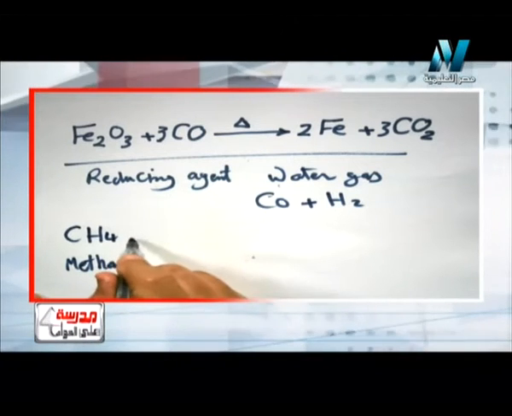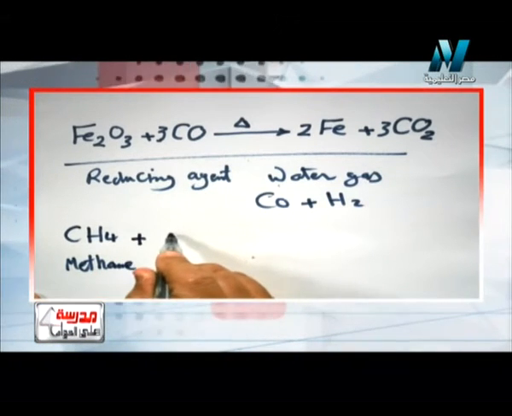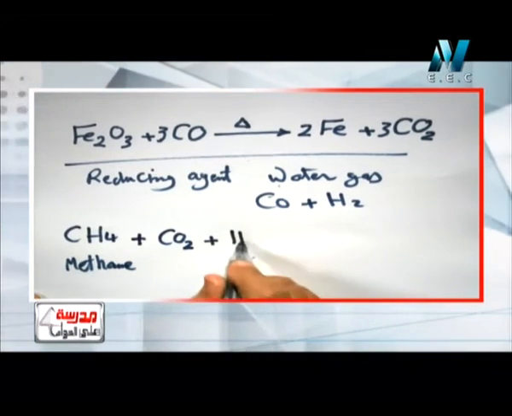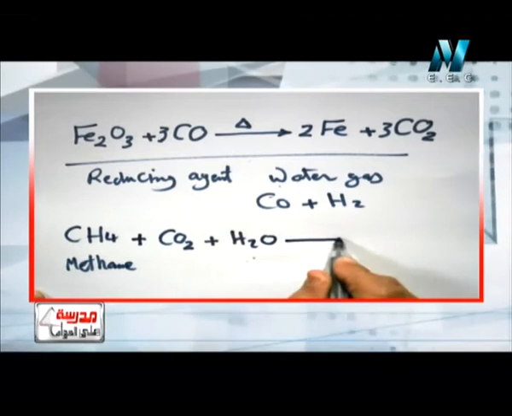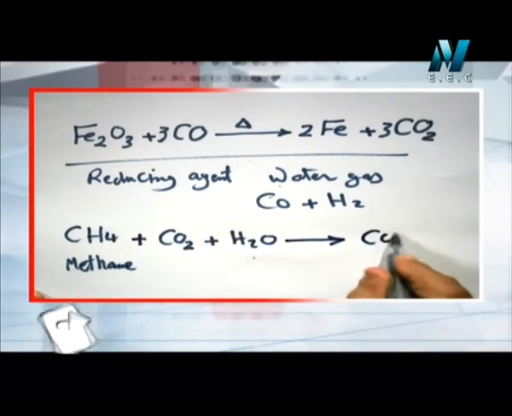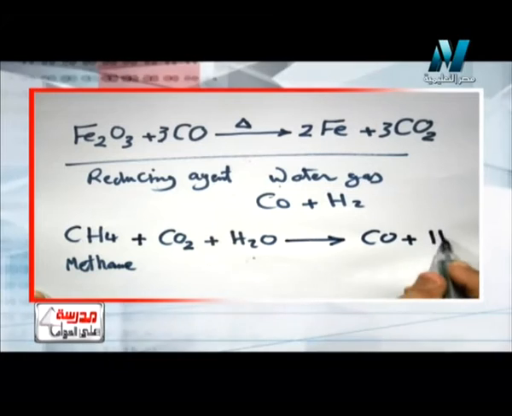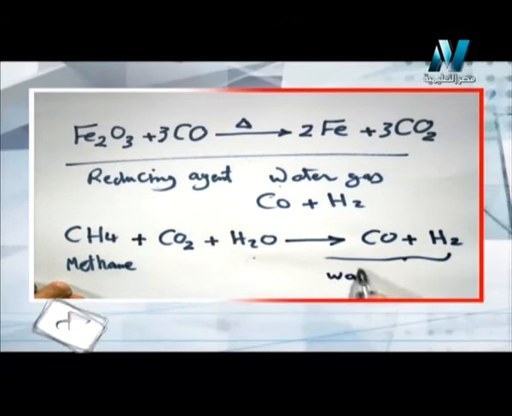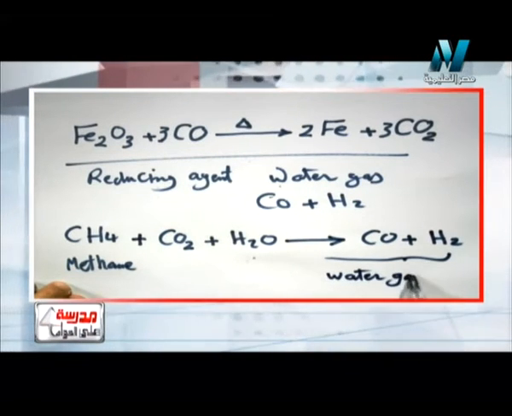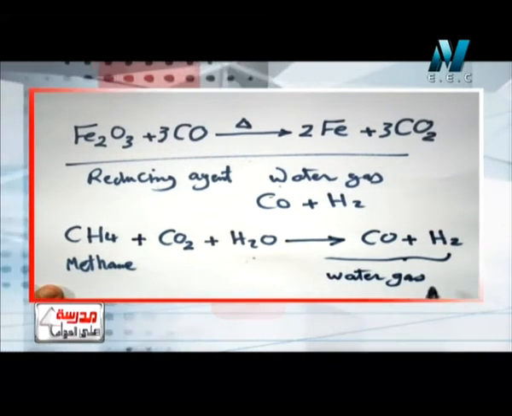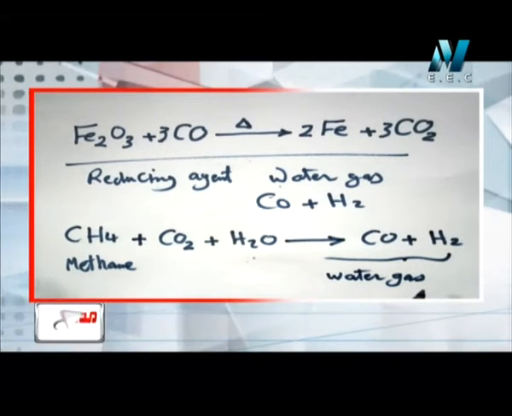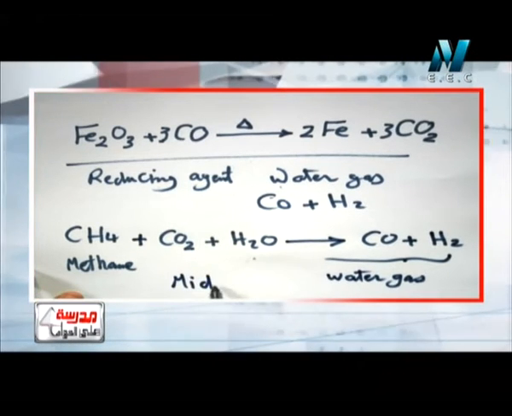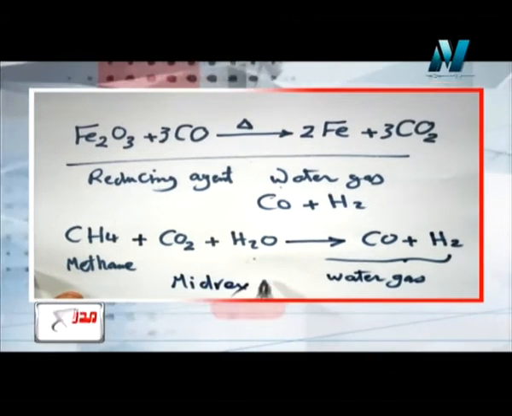CH4 plus carbon dioxide plus water gives carbon monoxide and hydrogen. This mixture of carbon monoxide and hydrogen is called water gas, and water gas is the reducing agent in the matrix furnace. We will balance this equation. Matrix furnace.